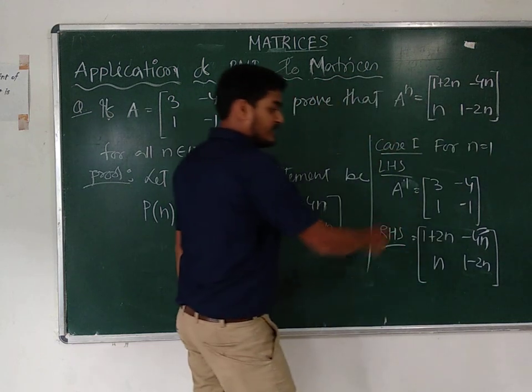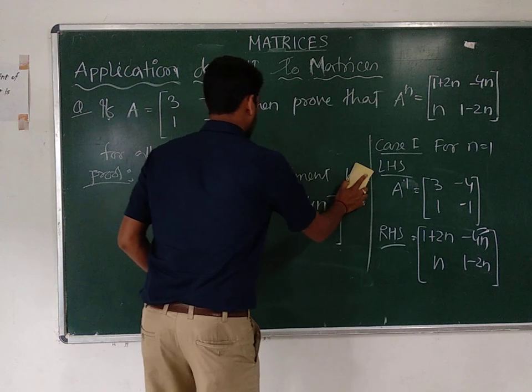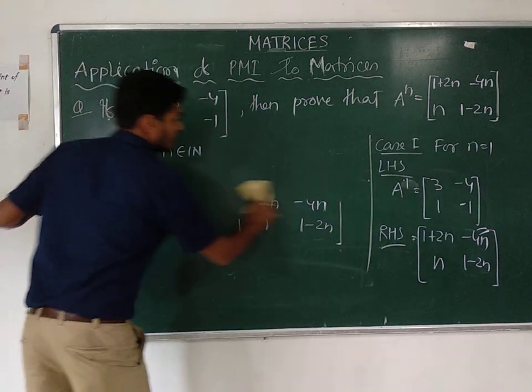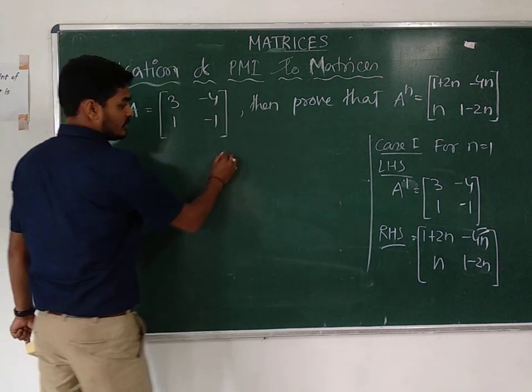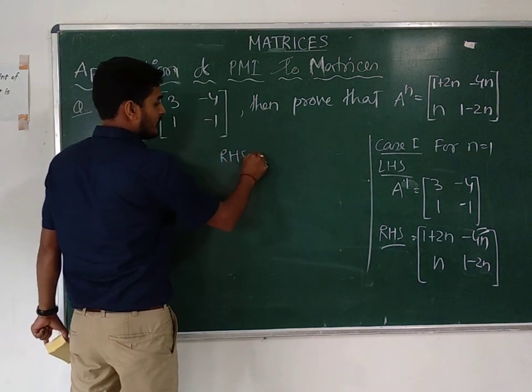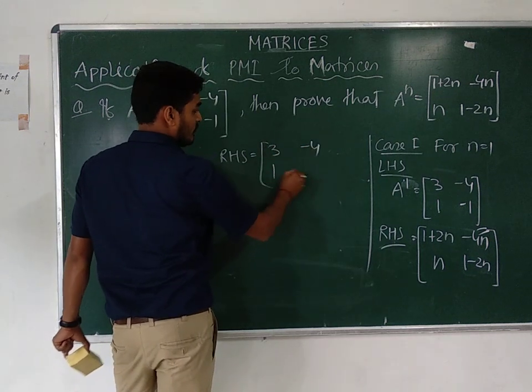So after putting n is equal to 1, what do we get? The right hand side is equal to [3, -4; 1, -1].